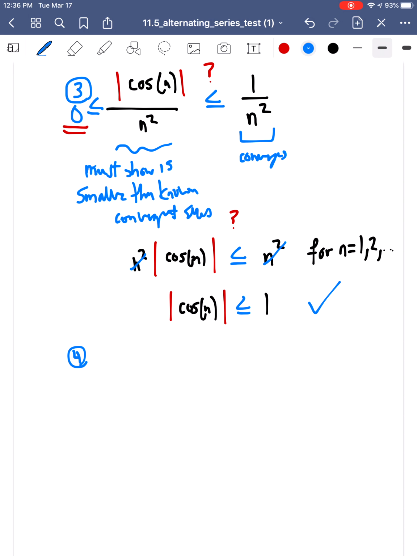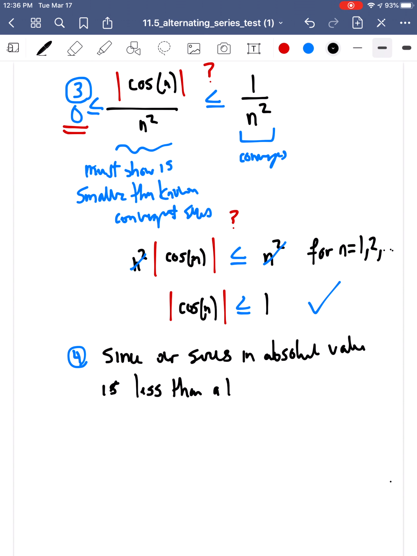So to synthesize all of the information here, since our series in absolute values is less than a known convergent series, it must also converge.